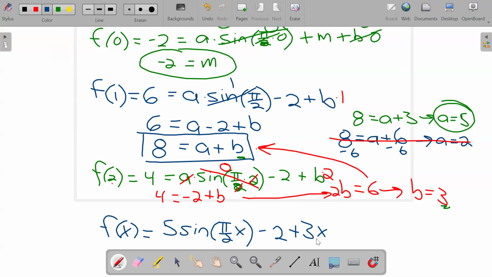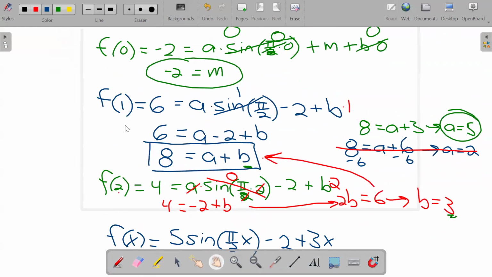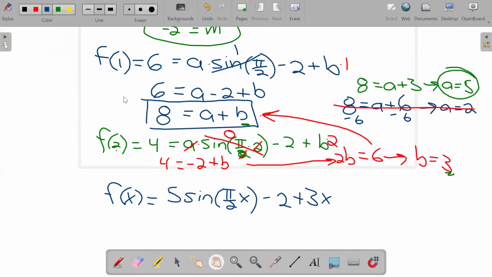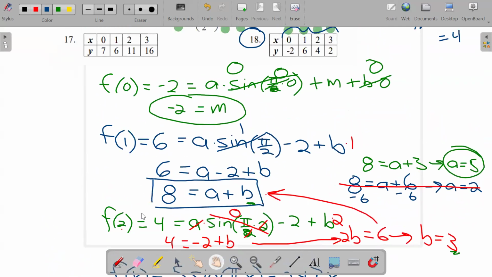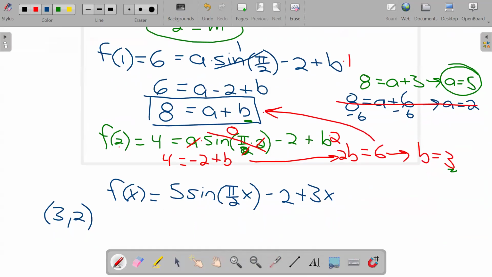The last point we haven't used yet said if x is 3, y should be 2. We're going to check the point 3, 2. Check. Got that right. It's 3, 2. Okay, give it a try.